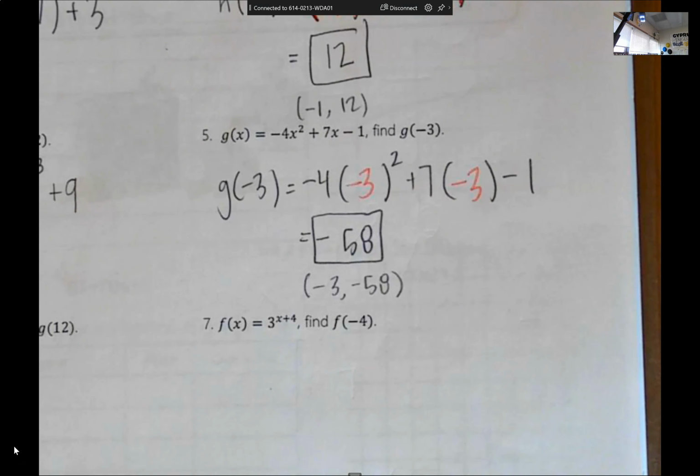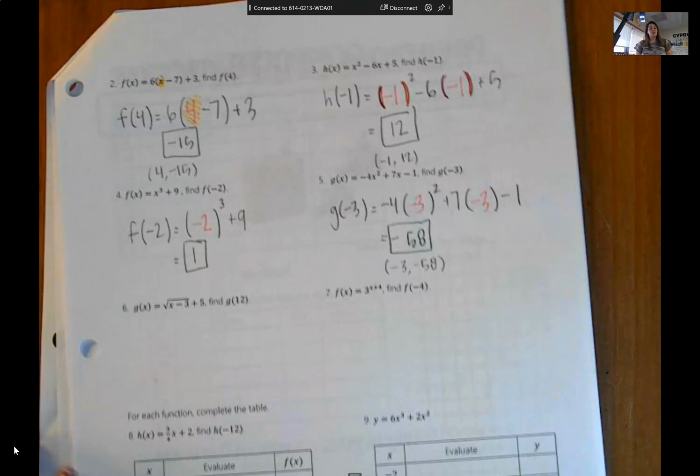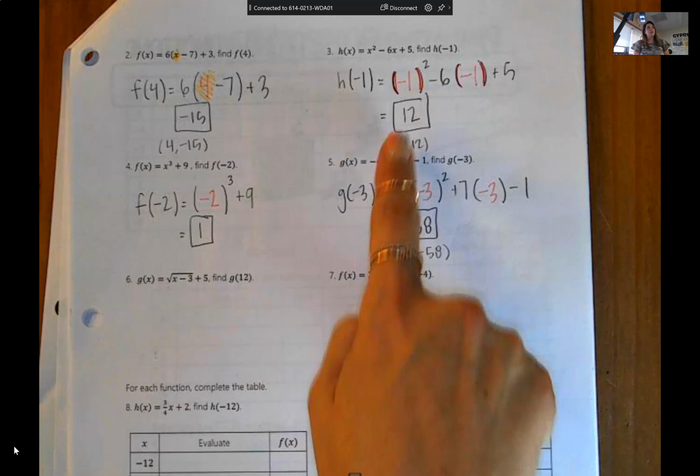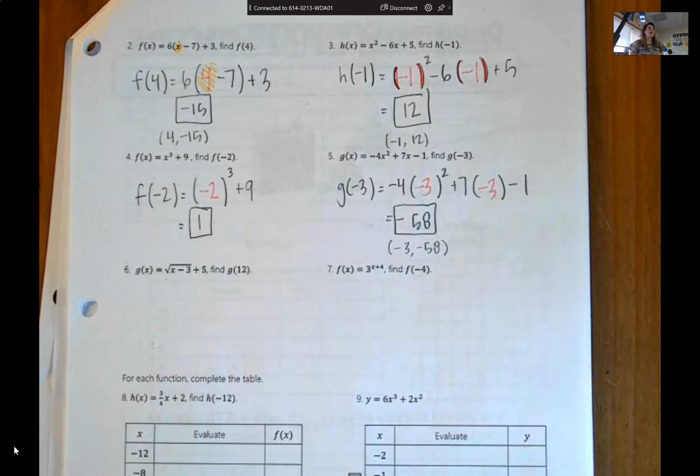So what you're really doing on all of these problems is finding what is in the box. And then next time we put these together and actually put the points on the graph. So what you're doing is the number that I have boxed. You don't have to put the coordinates if you don't want to.